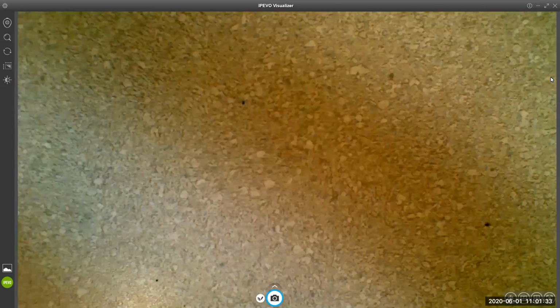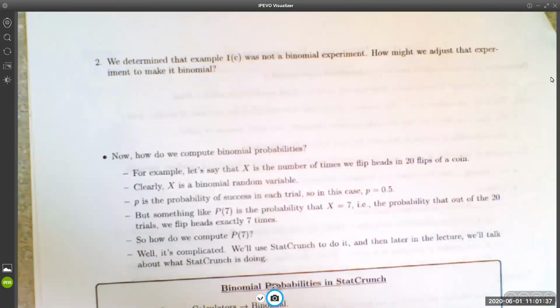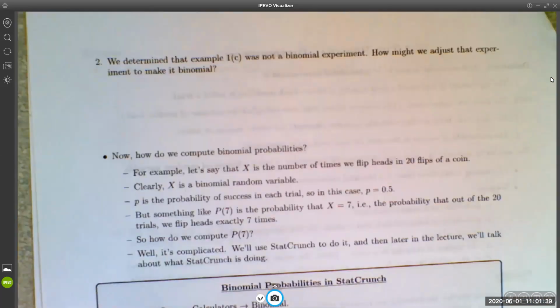Now, the reason that binomial probabilities come up so frequently is because we can almost always turn an experiment into a binomial experiment. Even if it's not binomial per se, we can adjust it so that it is. Just to give you an example, we determined that example 1C was not binomial. How might we adjust that experiment to make it binomial?